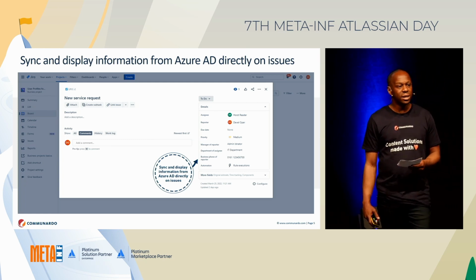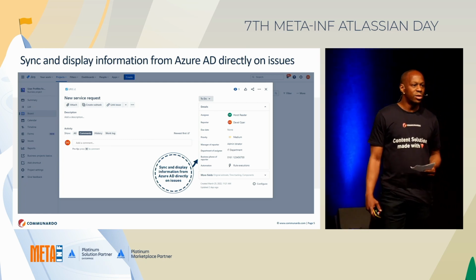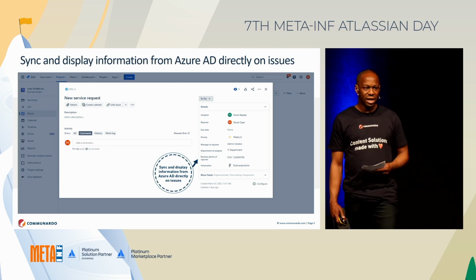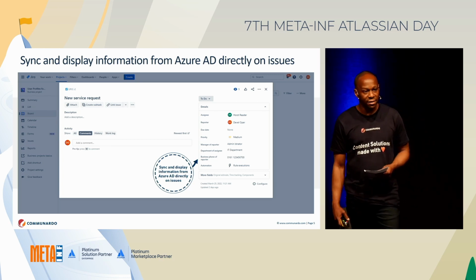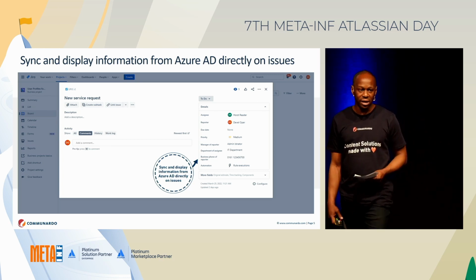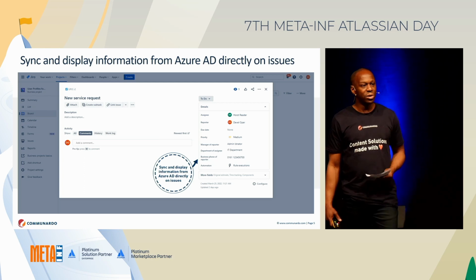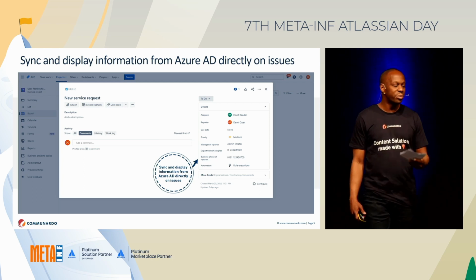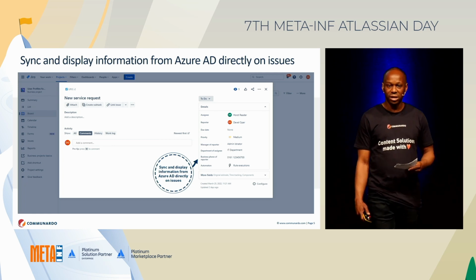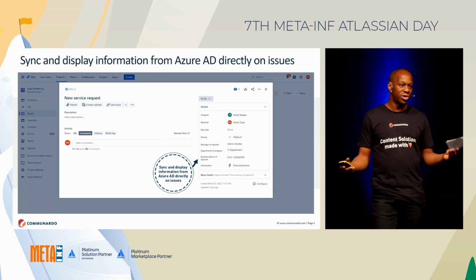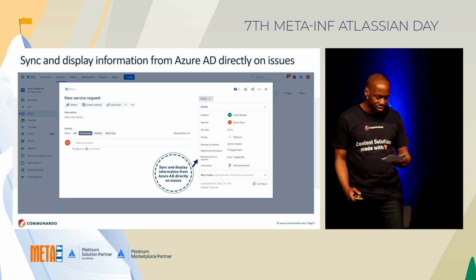As a service agent, you might struggle to find different data in different places, but with user profiles for Jira, you can have all that data in one place, which makes dealing with your Jira issues and your work processes much faster, and you can display all that information on one view screen, so you have all the information that you need.